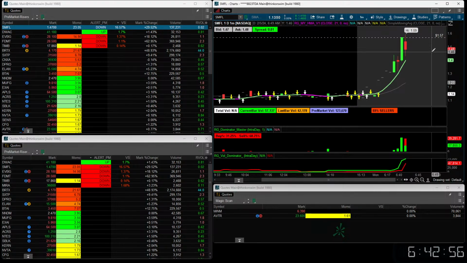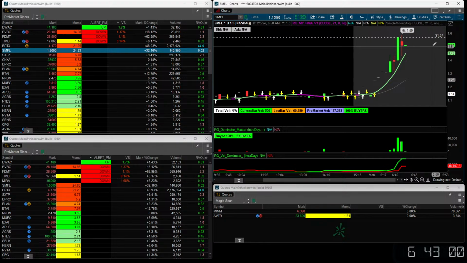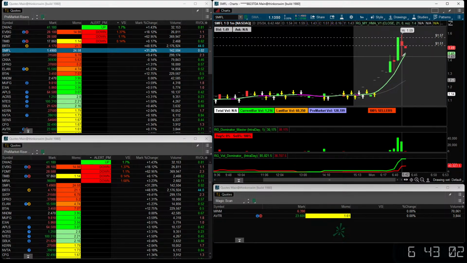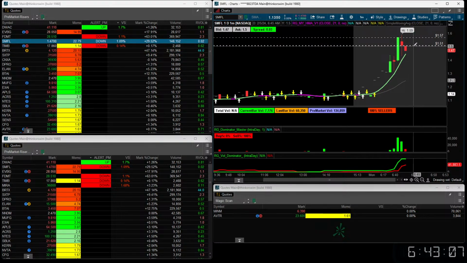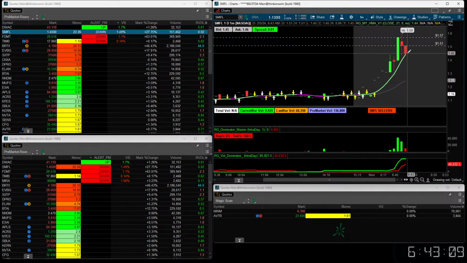I'm watching volume. It's kind of dying down a little. All right, that would be the pullback right here. You see the buyers came in and bought it up, but you have to wait for confirmation. It's still selling off here.